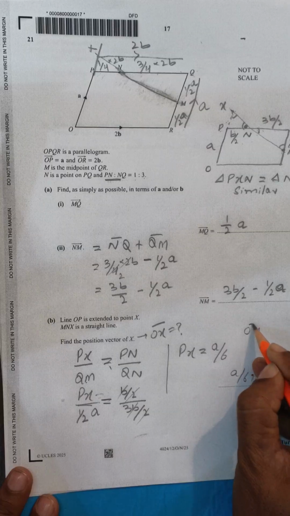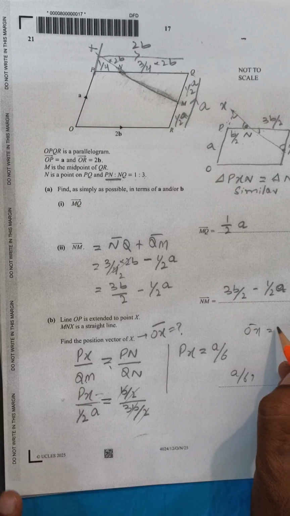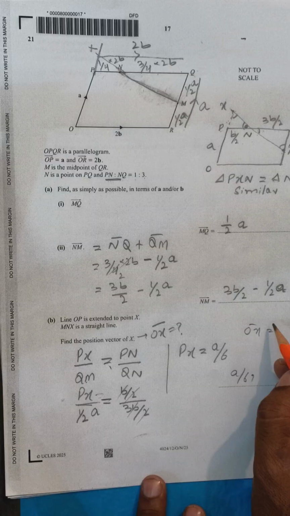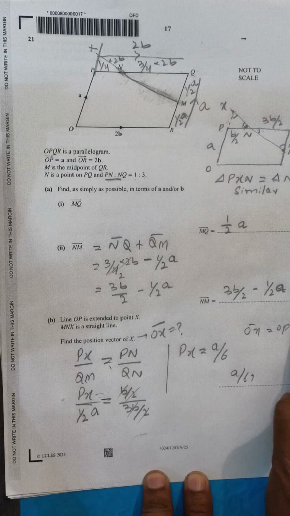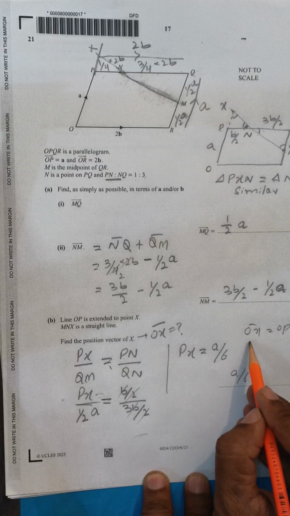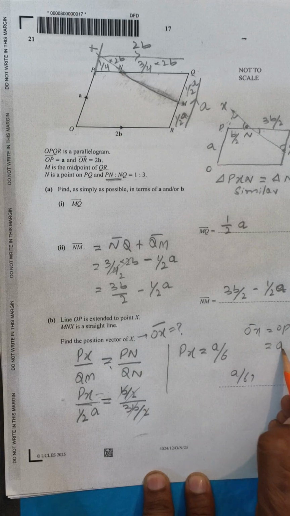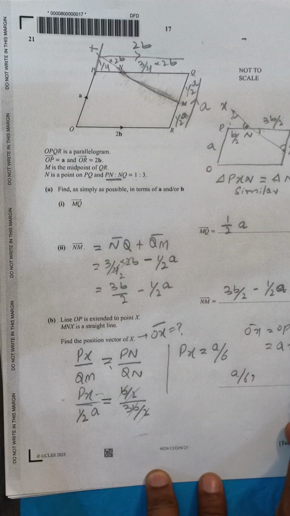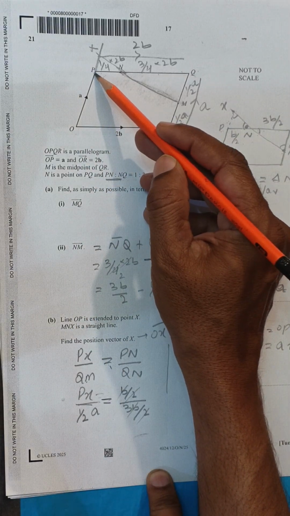OX equals, now you can apply the Pythagoras theorem here, because it is a right angle triangle. Actually, not the Pythagoras theorem, we can just add these two lines, because we can add these two distances. OP you have, and you need to find OX.